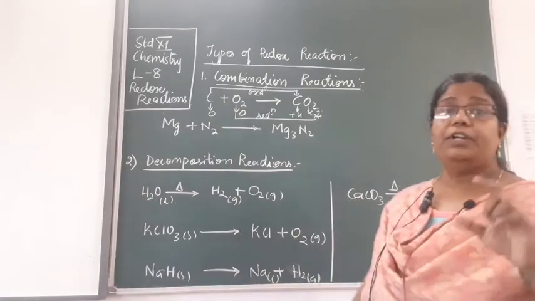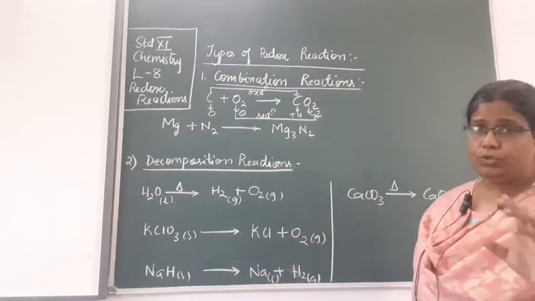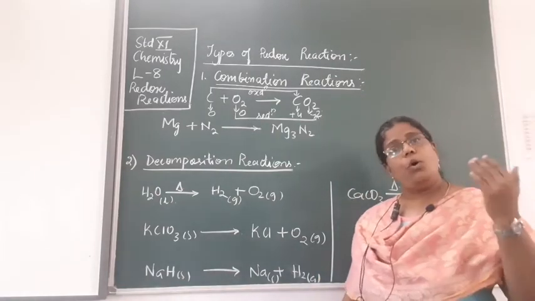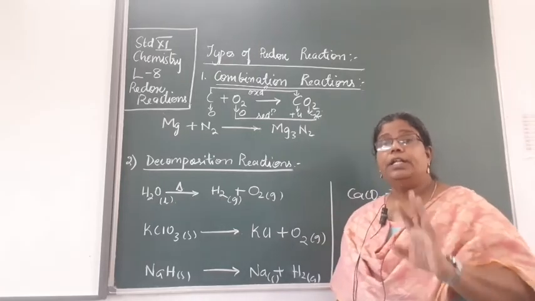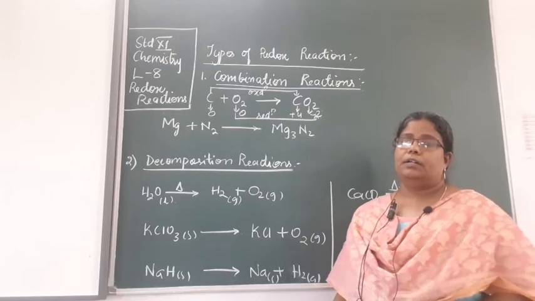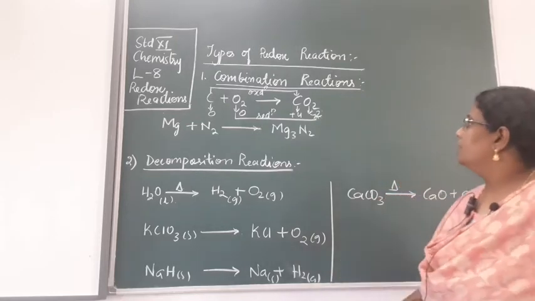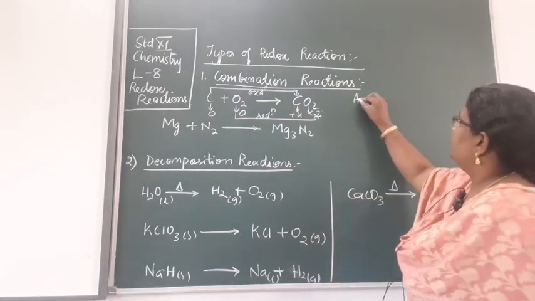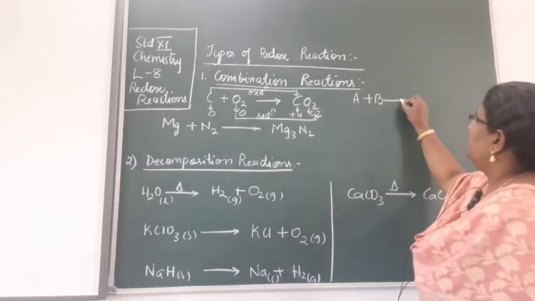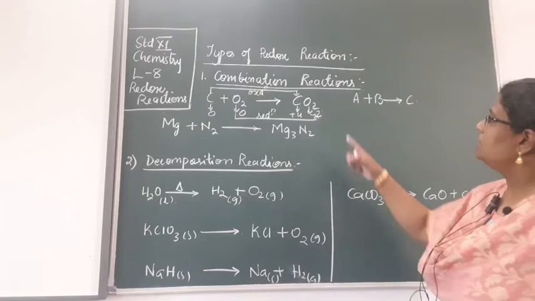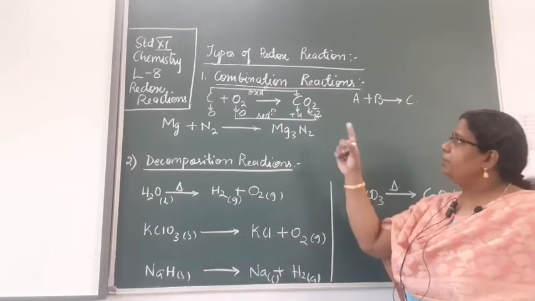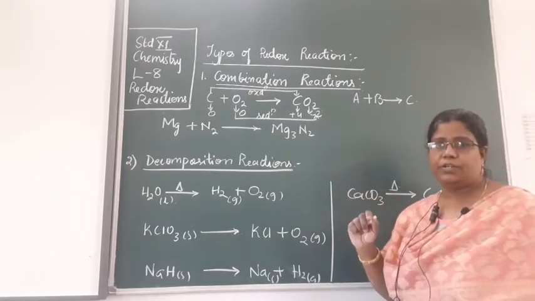Then this kind of reaction, where two atoms or two molecules, or an atom and a molecule, combine to give you a third molecule, will be called a combination reaction. Okay, so in general way में हम कैसे represent कर सकते हैं? A plus B combines to give you C. Okay, so this is a combination reaction which is redox in nature.